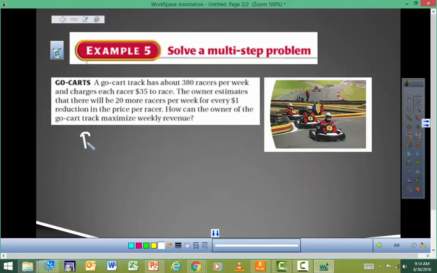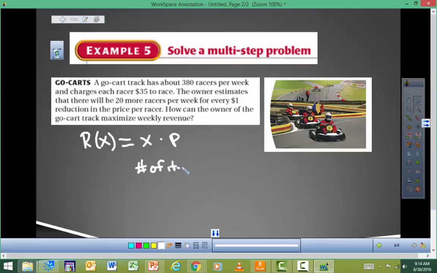Well, the thing I want to talk about is revenue. The revenue function is always equal to the number of items times the price. The P stands for the price, x stands for the number of items you have, like a number of items that you're selling.